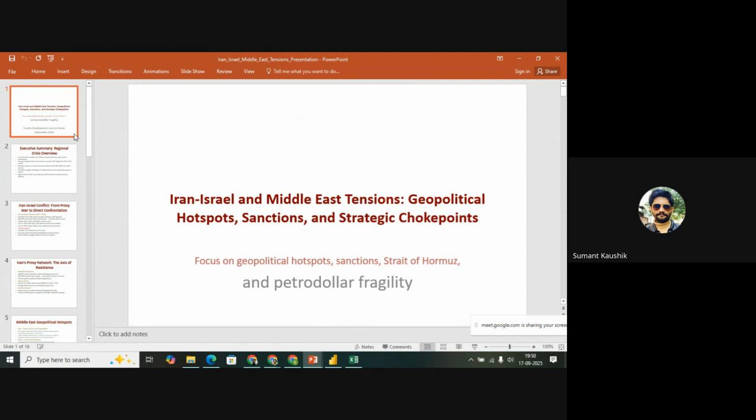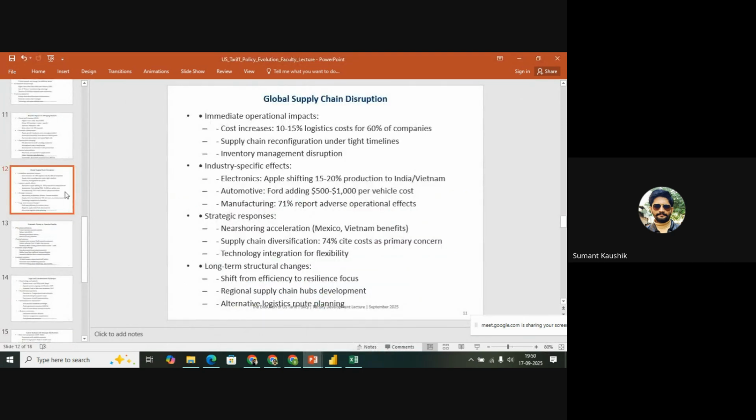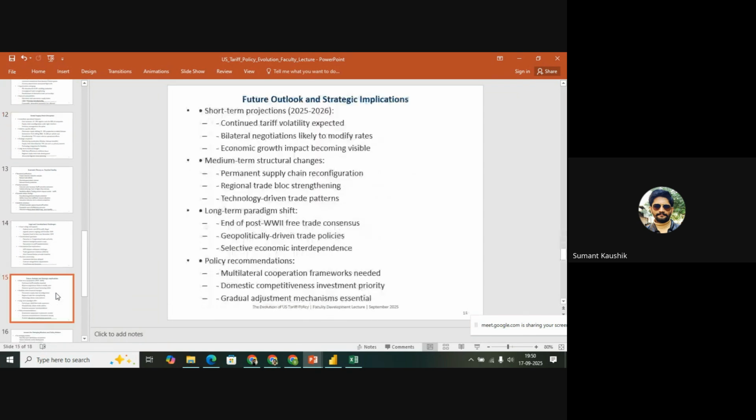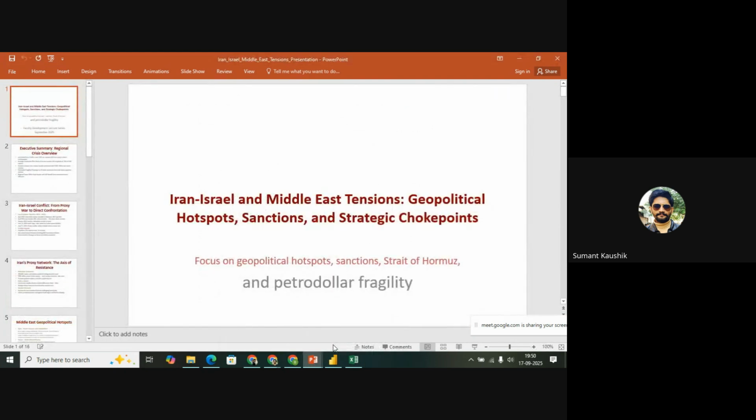Tomorrow we will be discussing this after completing some aspects of the US tariff evolution, because it would take a lot of time. It took 2 days to explain the US tariff evolution, because it is more relevant and right now having the highest impact all over the world. So tomorrow I'll finish this and move ahead to the next topic, the Iran and Israel Middle East crisis. So thank you for today, and now I open the house for questions.